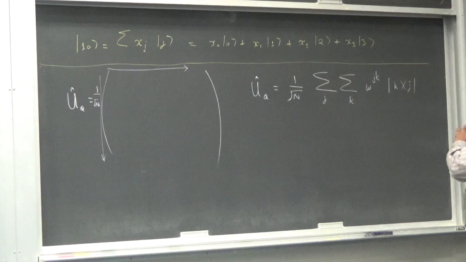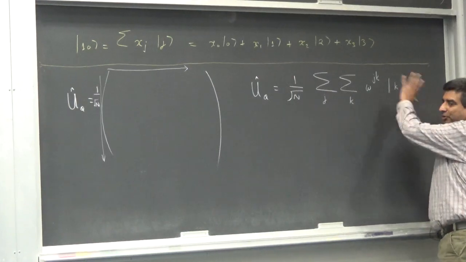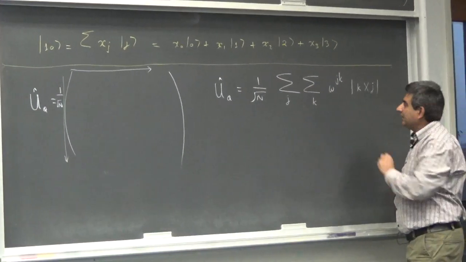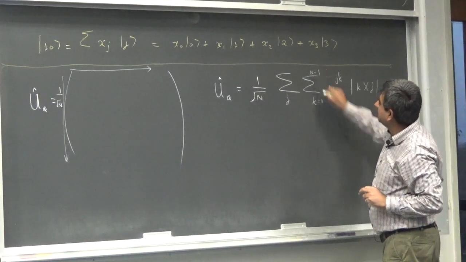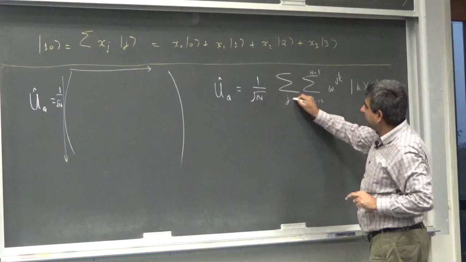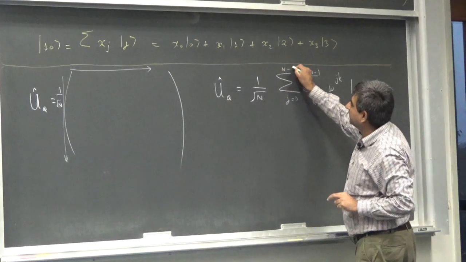So you need to understand how to write an outer product in matrix form. Now this k is a variable that goes from 0 to n minus 1. j is also a variable that goes from 0 to n minus 1.